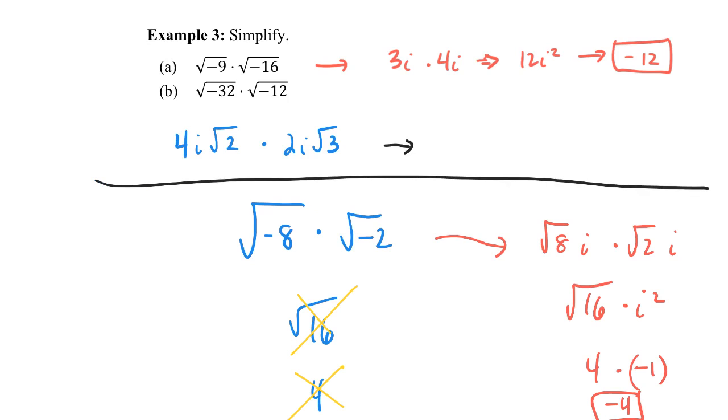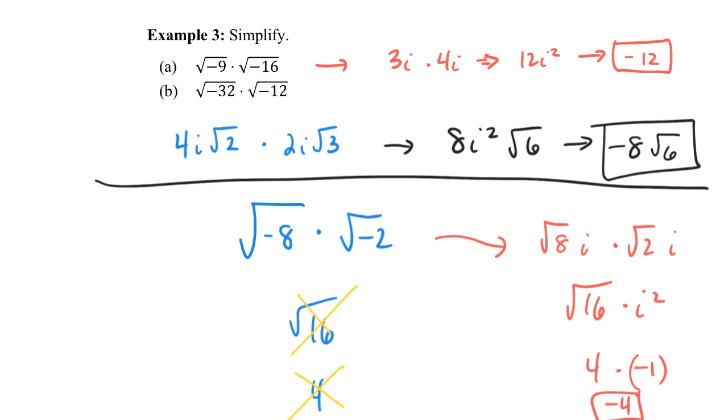Careful, it's multiplication, not addition, right? Multiplication tells me when I have radicals, I want to get under, so it would be 8i squared radical 6, which is really -8 radical 6.